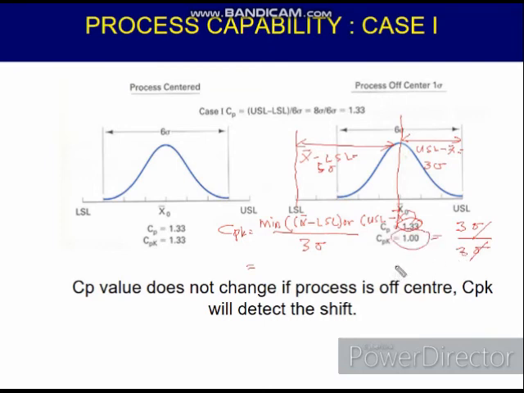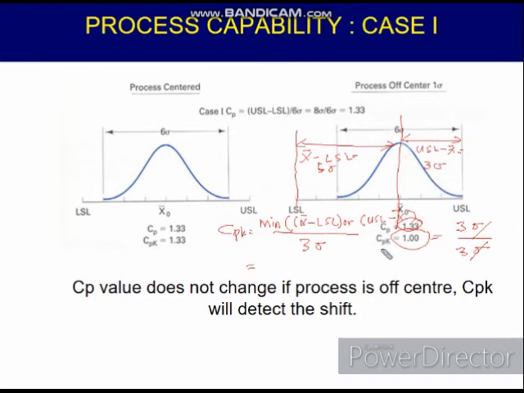So in this particular case, the values for CP and CPK will be different because the center shifted to one side. So what you do is you choose the minimum between the two, either X bar minus LSL or USL minus X bar, whichever is minimum. For this particular case, USL minus X bar is minimum, so you get 3 sigma.